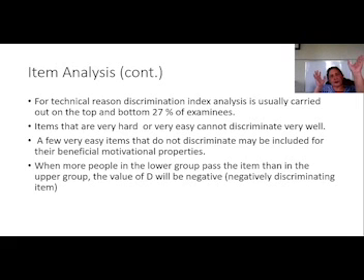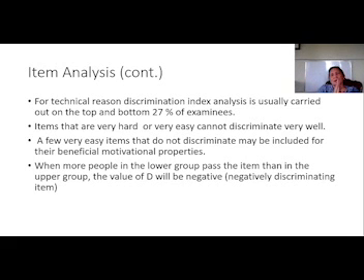So from the upper group, 0. From the lower group, 0. 0 minus 0 is 0. Divided by whatever the number that you have split, let's say 27, divided by 27, that's 0. So, no discrimination power.